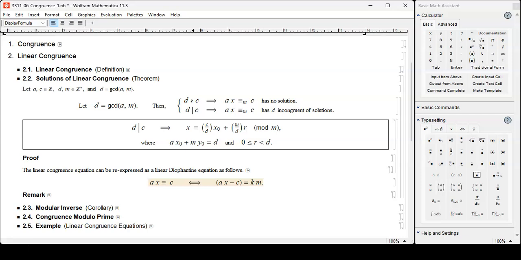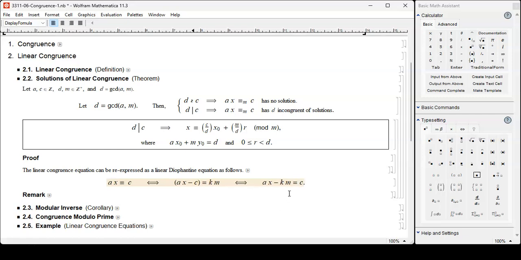Okay, and then we can re-express this like this. Flip this km to the other side and c to the other side. We have ax minus km is equal to c, where k is a quotient.